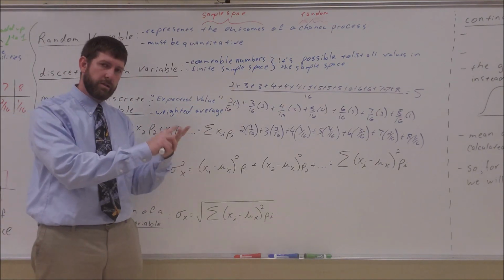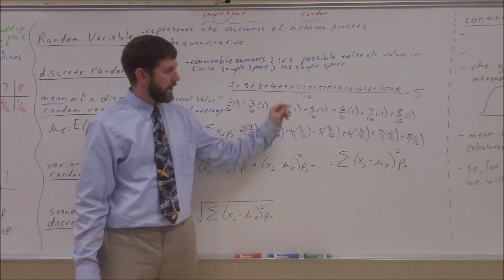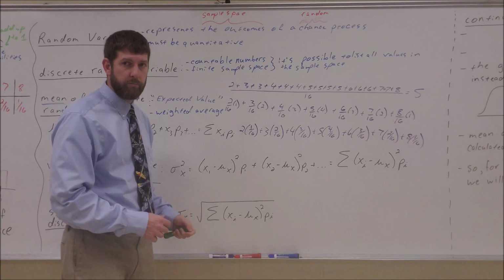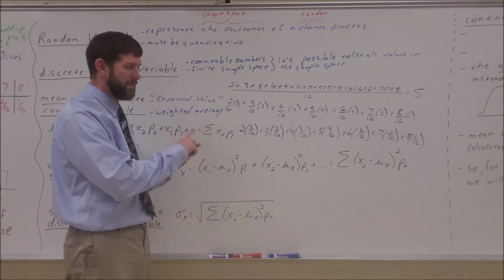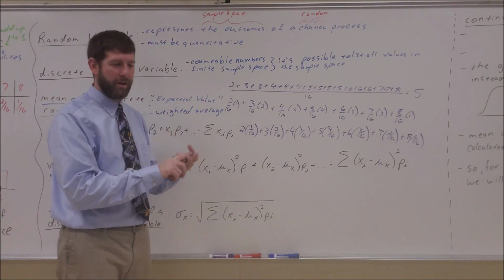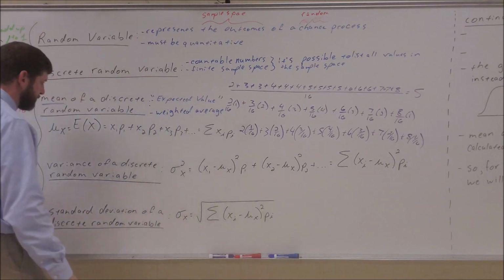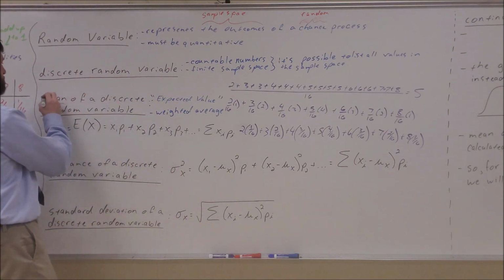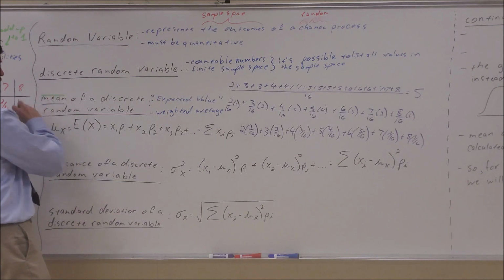So you're just multiplying the value times its probability, and adding all of those products together. So that's what we're talking about with the mean.